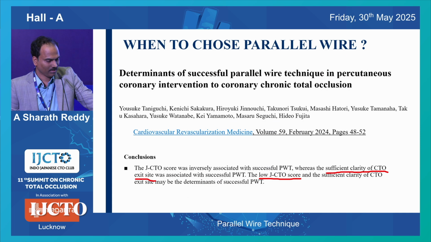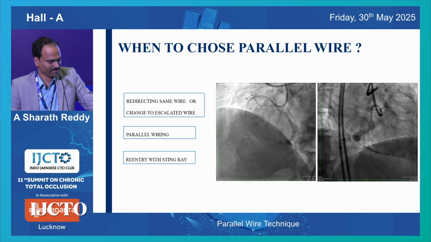Coming to parallel wire, what determines which route you have to choose at this juncture is the clarity of the CTO exit site, basically distal vessel visibility on angiogram. If you have great distal vessel visibility, I think parallel wire is the best option among these, since it is antegrade and the success rate is quite good.